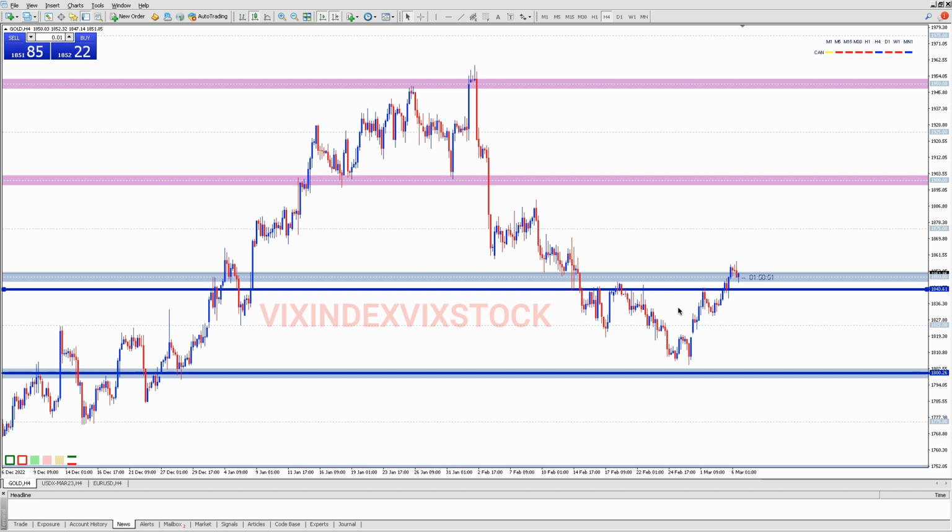When you get to around here, you sometimes start to see these smaller candles forming, which means that the move is now starting to lose momentum. So when you start seeing these smaller candles forming, for me that's usually a sign to just get out.